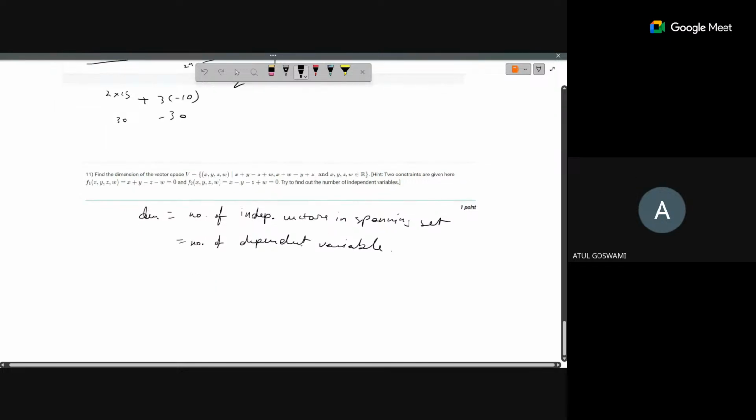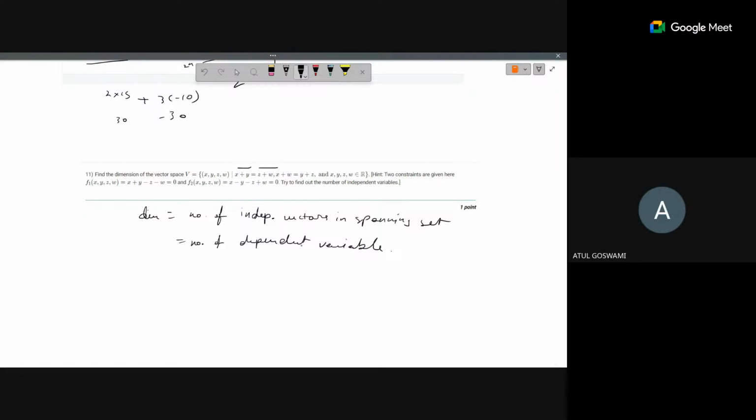Here it is saying x plus y is equal to z plus w. This is the first. How many are independent here? Any one could be independent, right? Any one vector can be written in terms of the others.